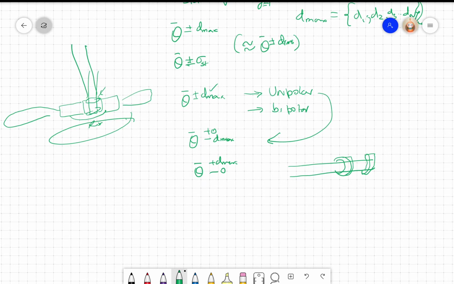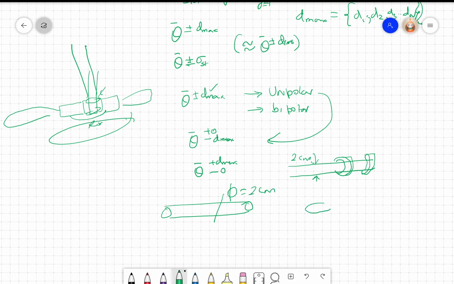So if I look at this bar, let's say this is 2 centimeters, right? And so I have the fan rod, whatever is the length, 1 meter, and the diameter phi is 2 centimeters.